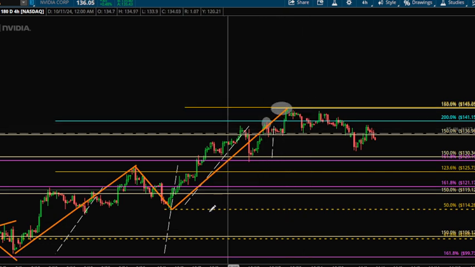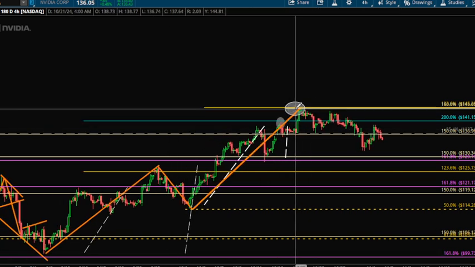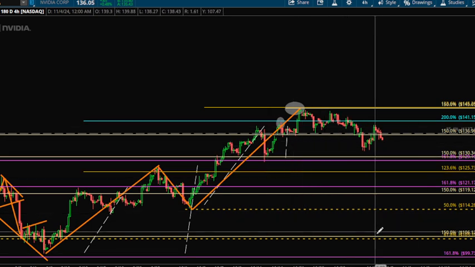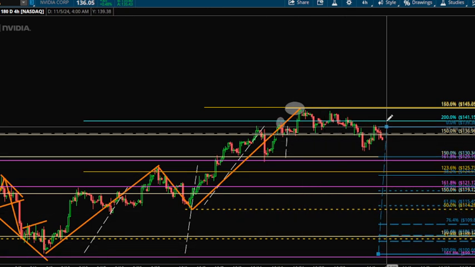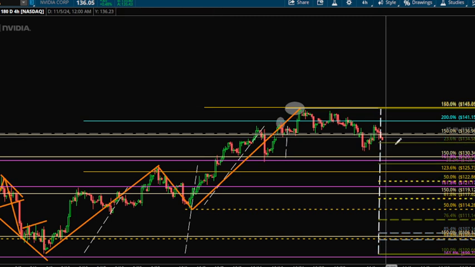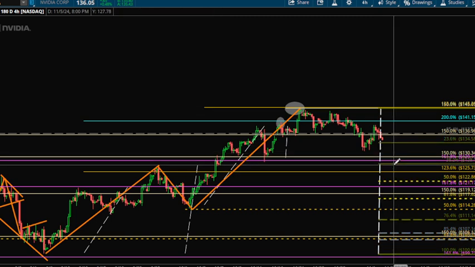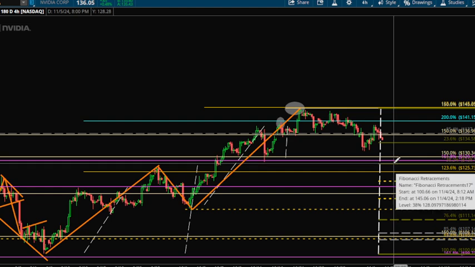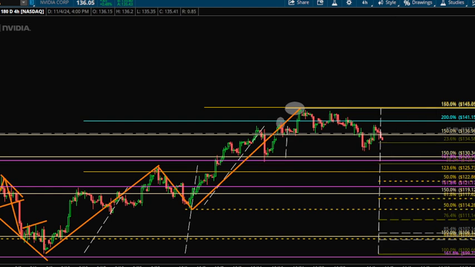So now, if this is the top, then we need to find a retracement. And the 38.2 is right here. So that's our first target, 128.28.